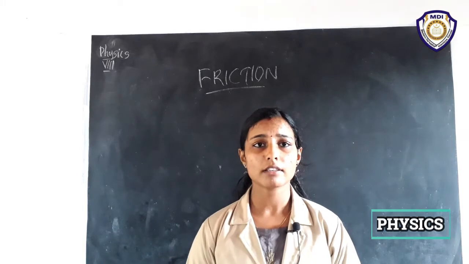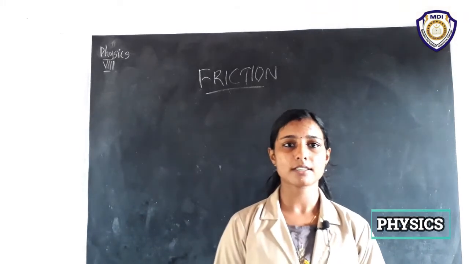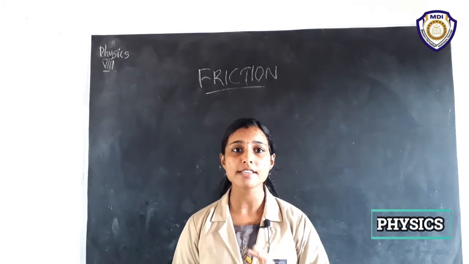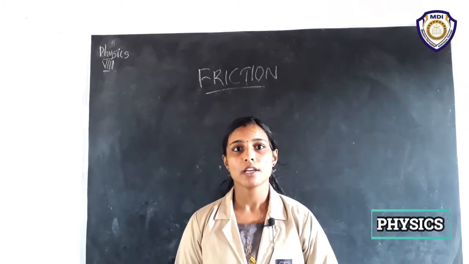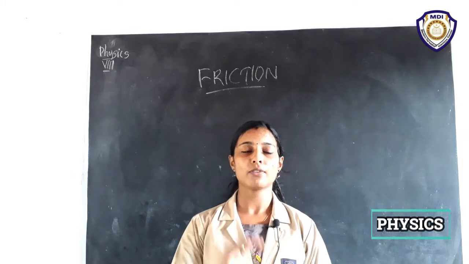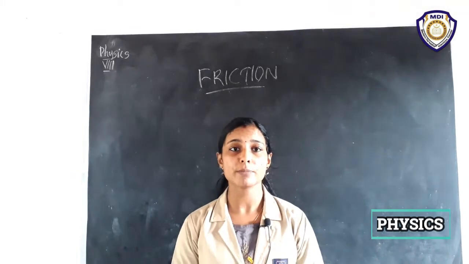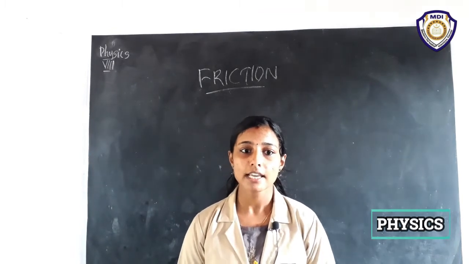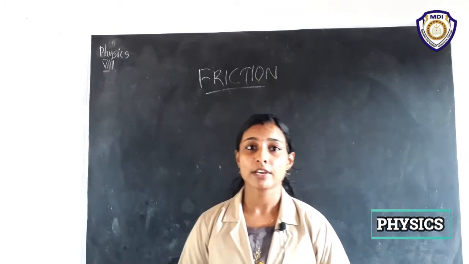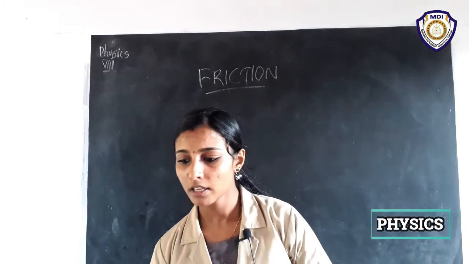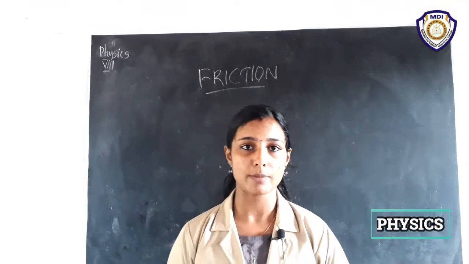So what can we infer from this? The force of friction is always acting opposite to the applied force, or we can say friction opposes the relative motion between the surfaces, right? In this activity friction opposes the relative motion between the surfaces of the book and table, right?